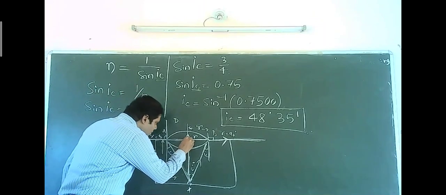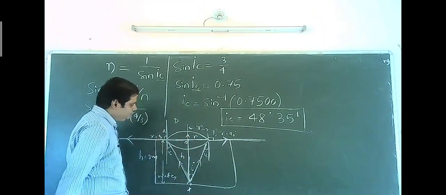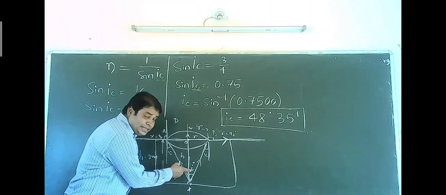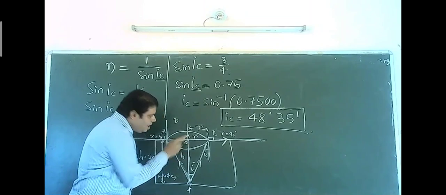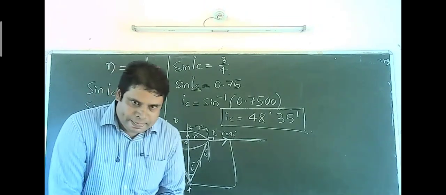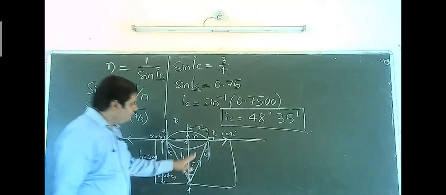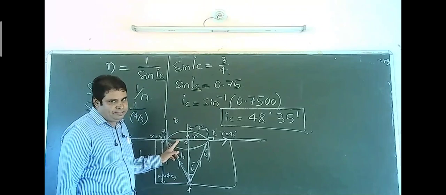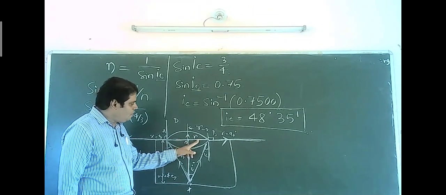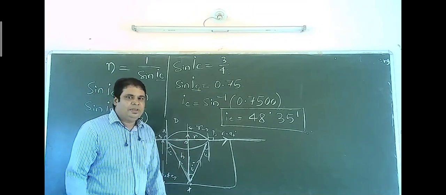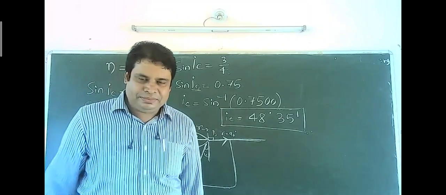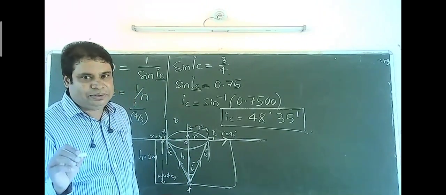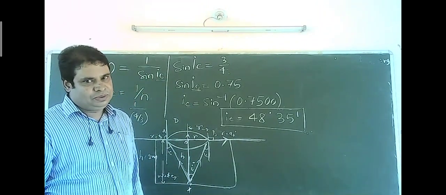IC is known, h is known, r is unknown. Why do we need r? The diameter is 2 times the radius. If you know r, you can calculate the diameter. You are asked to find the diameter.